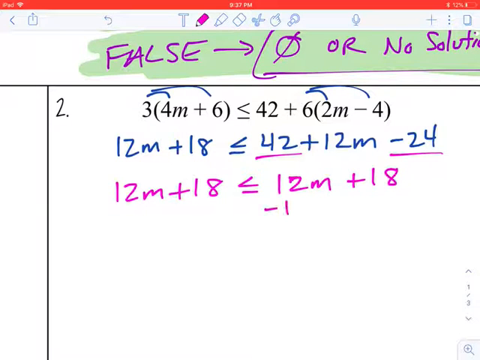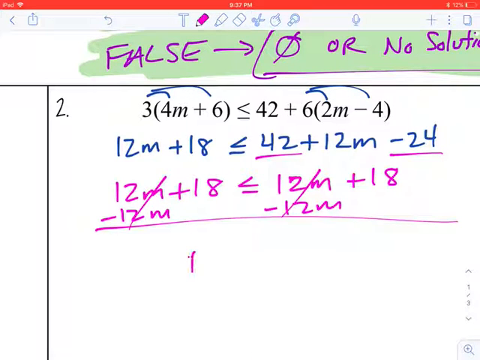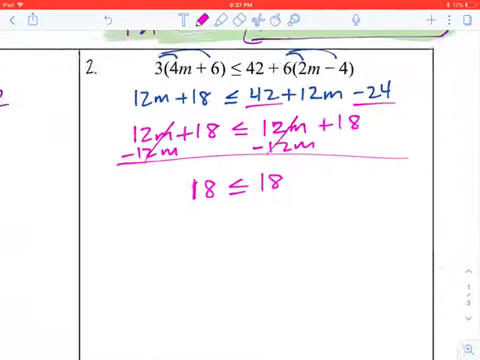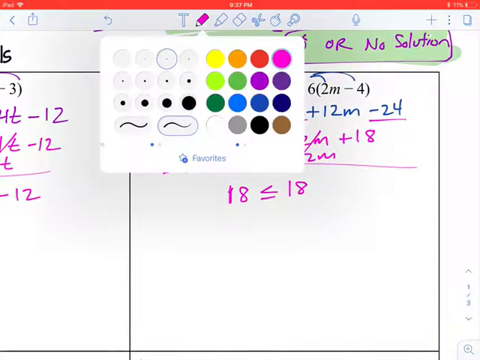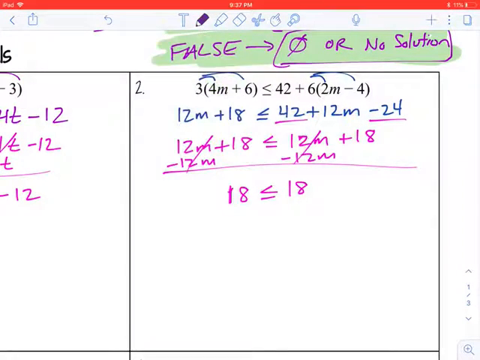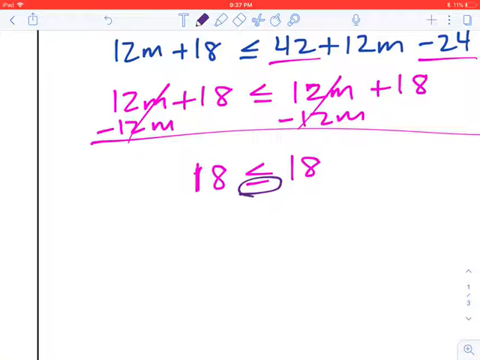Now when I get 12m on the same side, those cancel, and I get 18 is less than or equal to 18. Think about that. Is 18 less than or equal to 18? Since it's or equal to, that would be true.